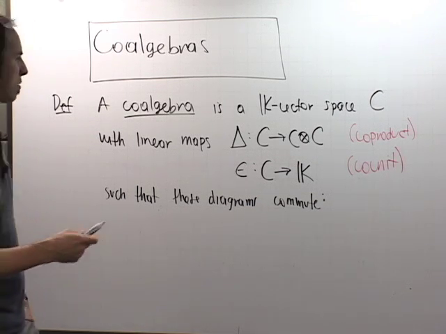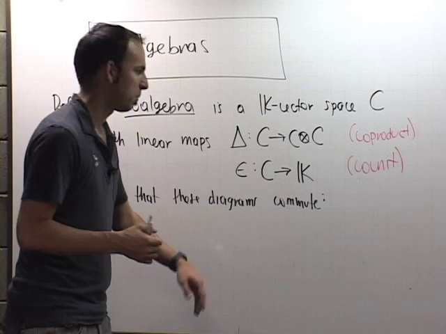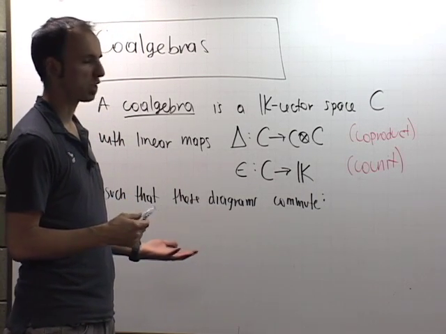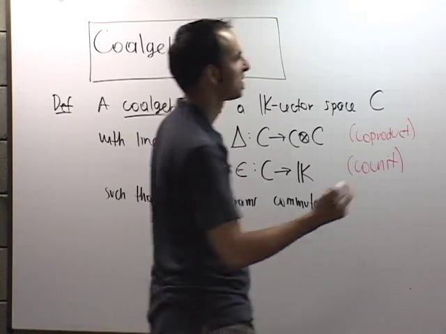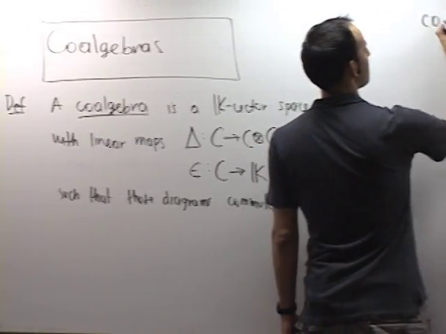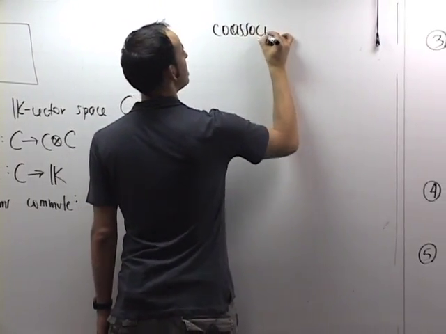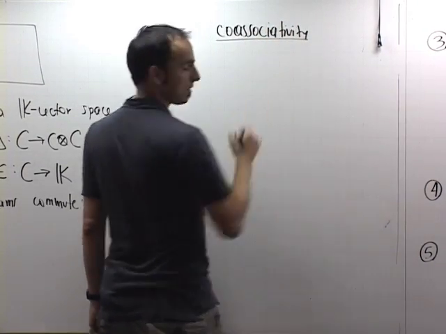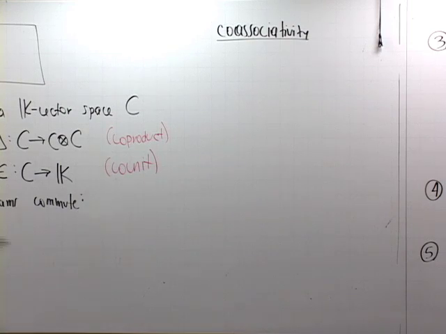Okay? So we had a diagram of associativity for algebras, and you can probably guess what I'm going to call this diagram. This is the diagram of coassociativity. It looks very similar.